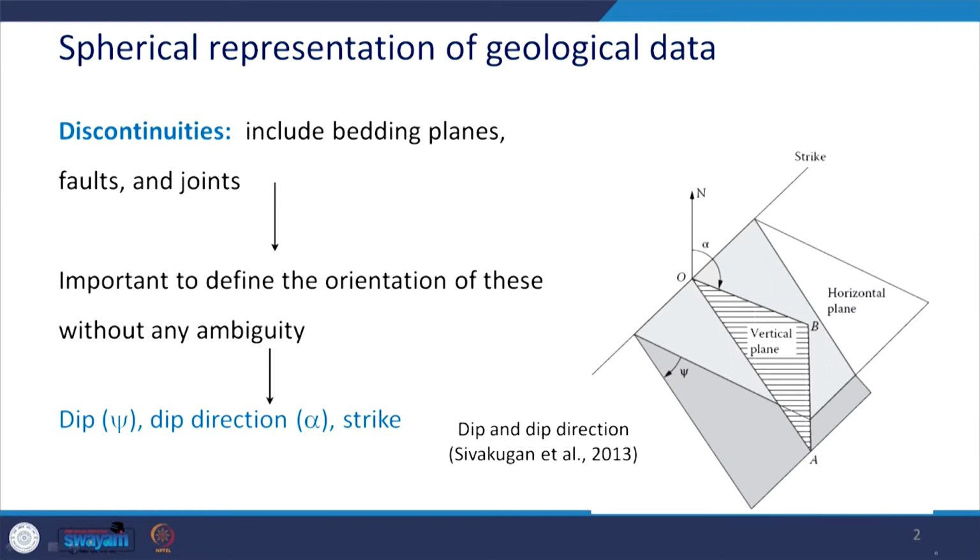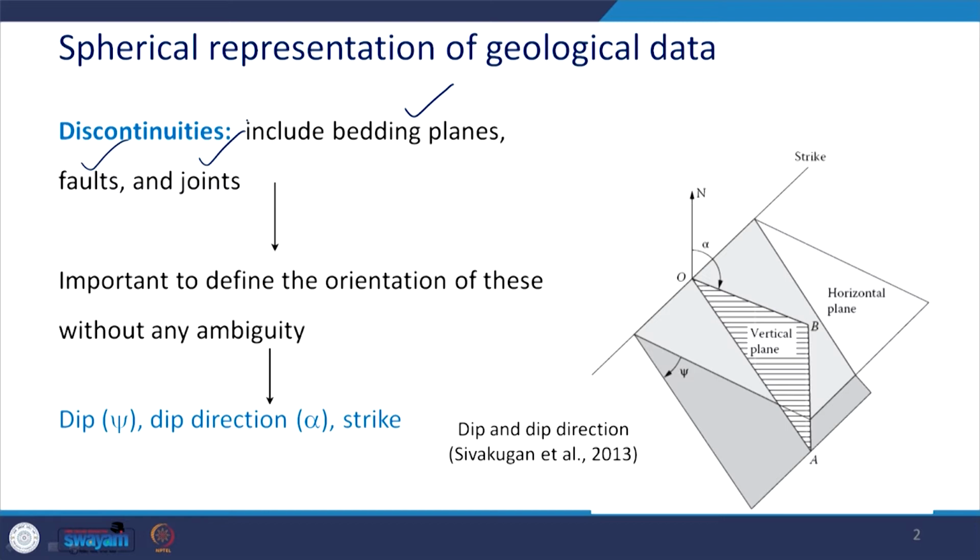So, today in this lecture we are going to learn some of the basics related to geological representation in a graphical manner. To start with, I mentioned to you that we have various discontinuities. These include bedding planes, faults and joints.